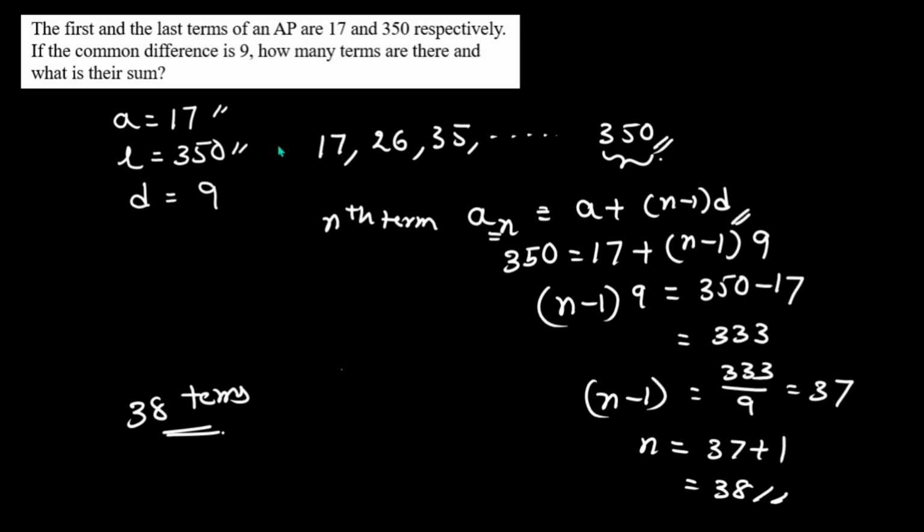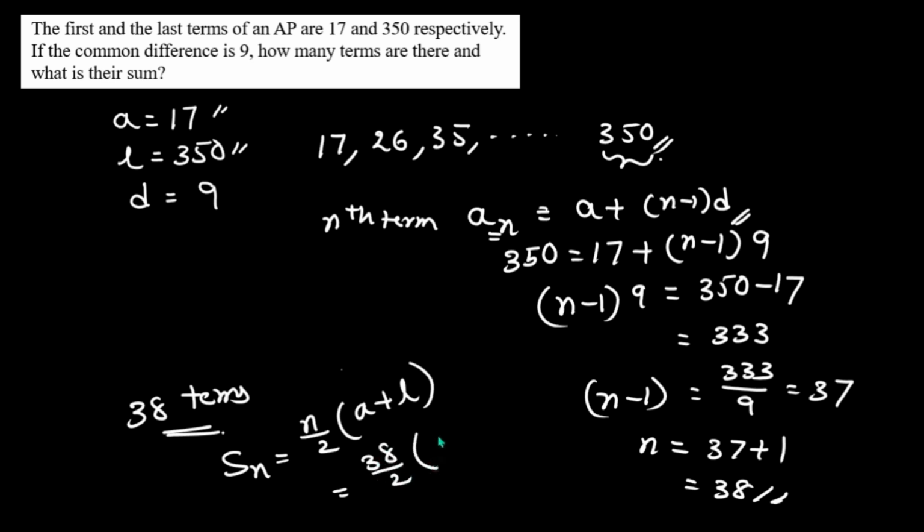What else is asked? He asked for the sum. We know that the sum can be written like this: Sn is the sum of the series, which can be written as n by 2 into the first term plus the last term. What is n, the number of terms we have? 38 divided by 2.